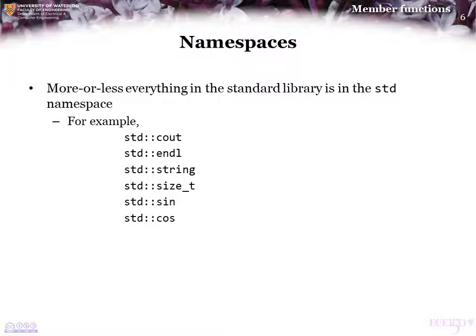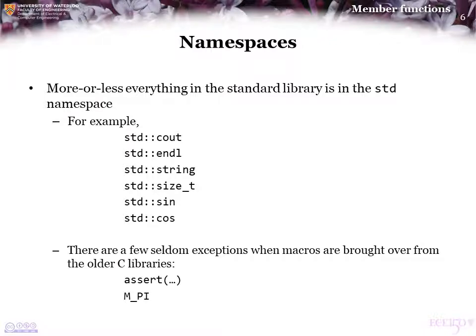And these are some examples once again. There are a few exceptions when macros were brought over from older C libraries, such as the assert statement and the constants from the C math library, such as M_PI.